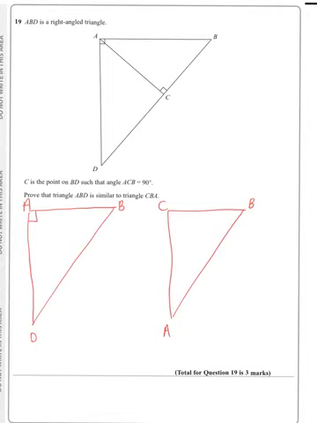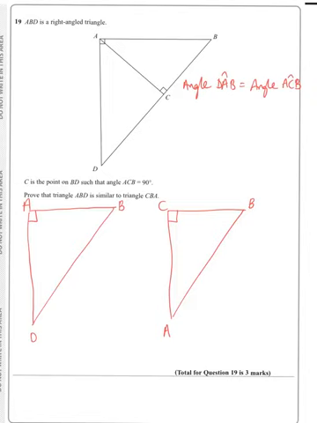Now, this is a right angle here, and you can see that from the diagram, and this is a right angle here. So we could say that angle DAB is equal to angle ACB. Okay, so that's the first thing.